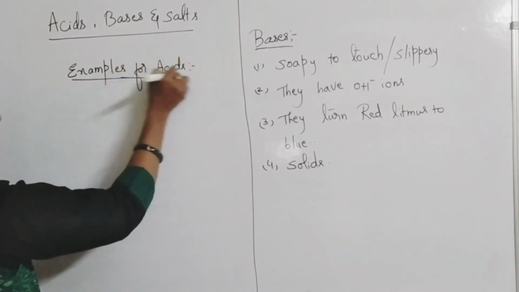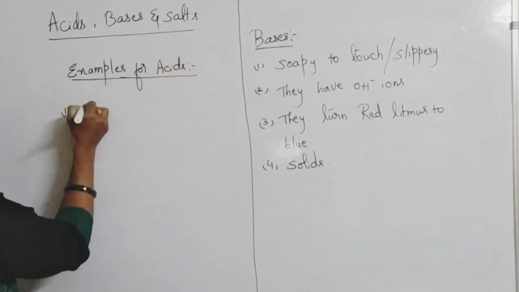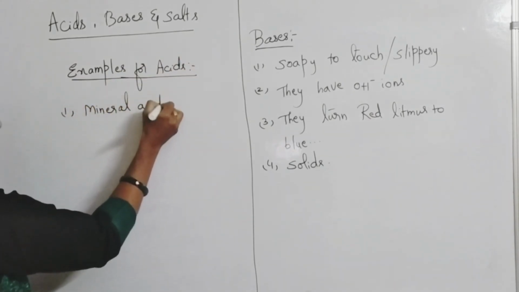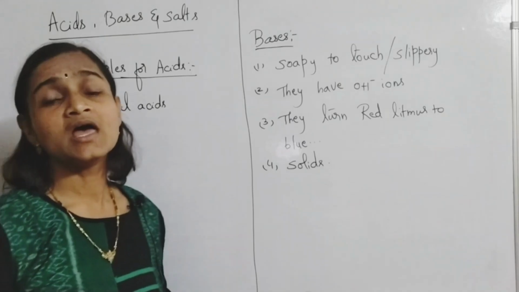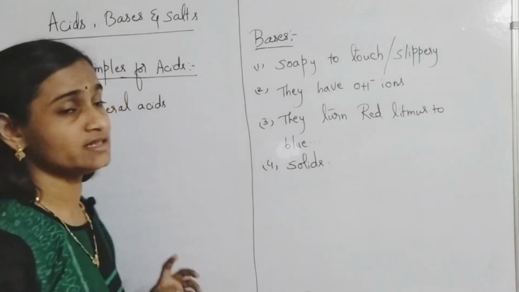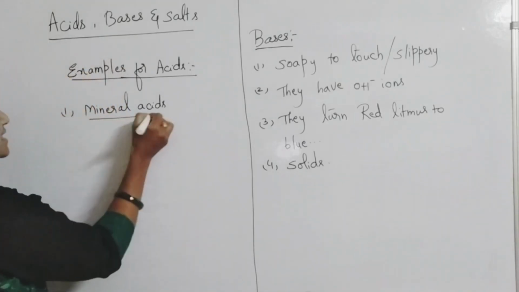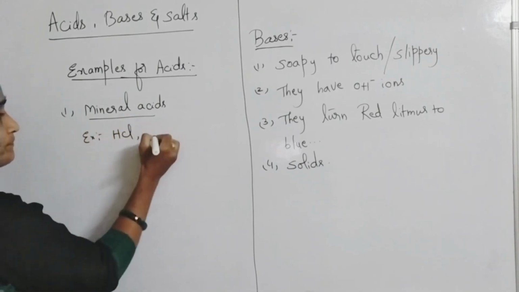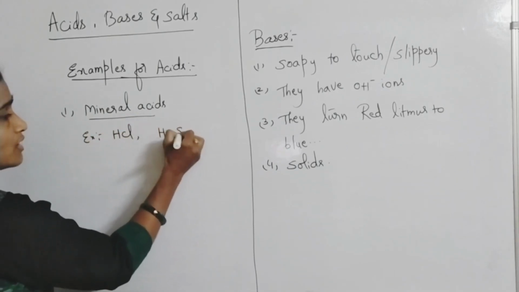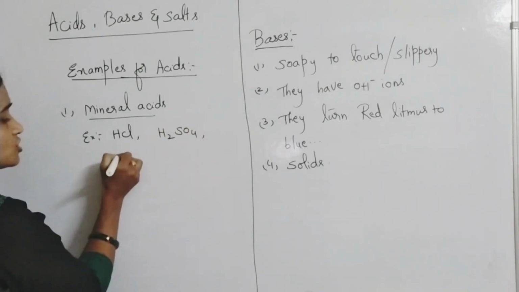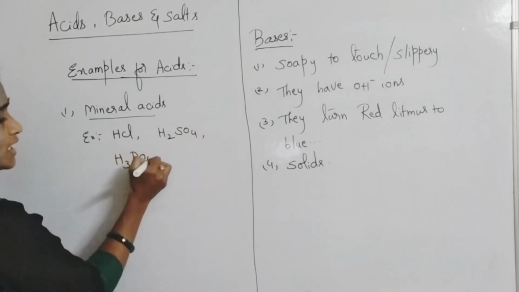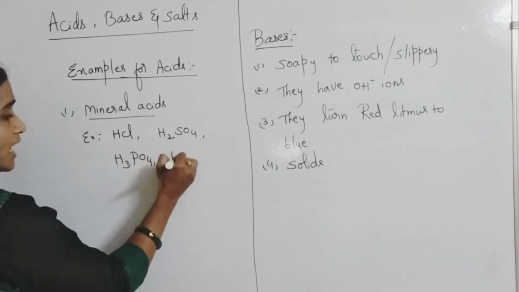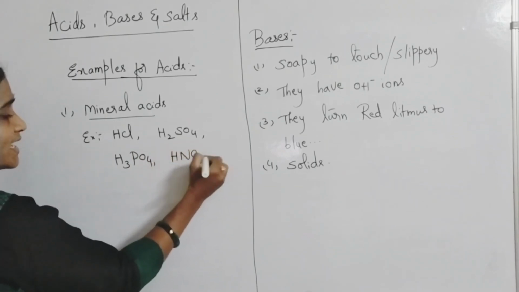You have different types of acids, like mineral acids. Most of the mineral acids have H plus ions in them. Mineral acids like HCl, hydrochloric acid, H2SO4, sulfuric acid, H3PO4, phosphoric acid, and HNO3, nitric acid.